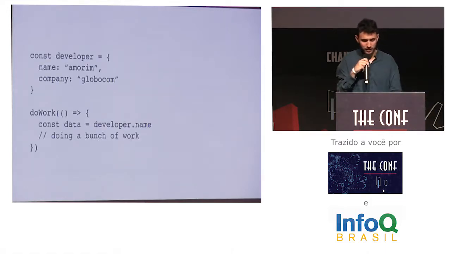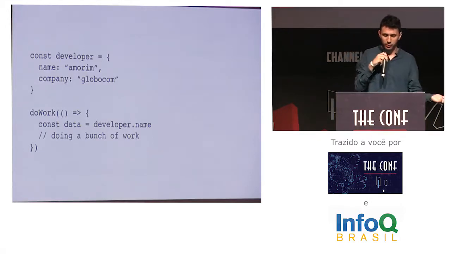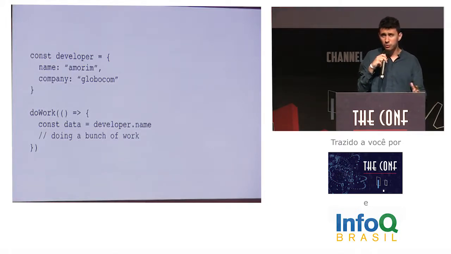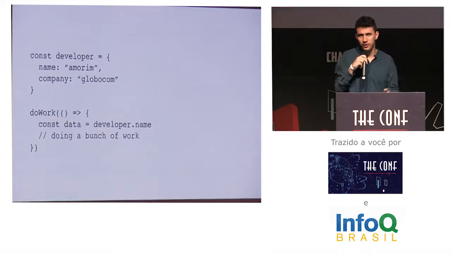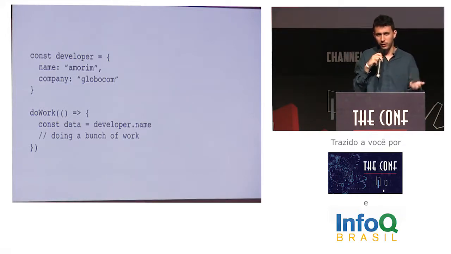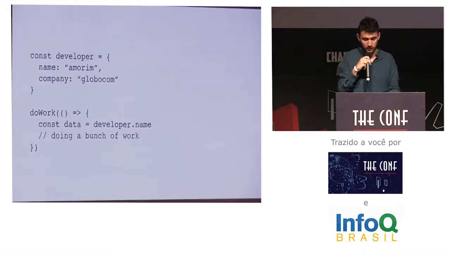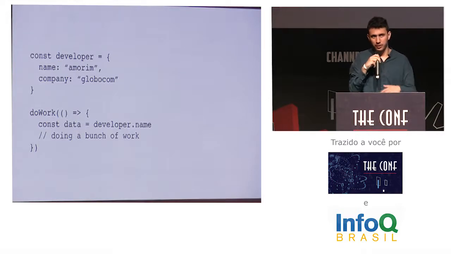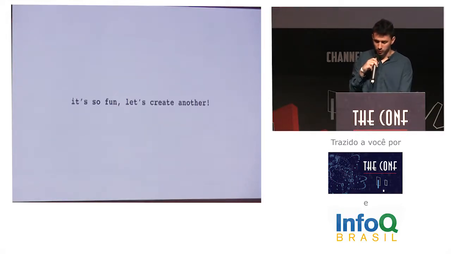We have another case here. We have this simple function that only gets the developer.name and does nothing with that. But consider that it's doing a bunch of work in this function, doWork. So this variable, developer property name, is used by the work.